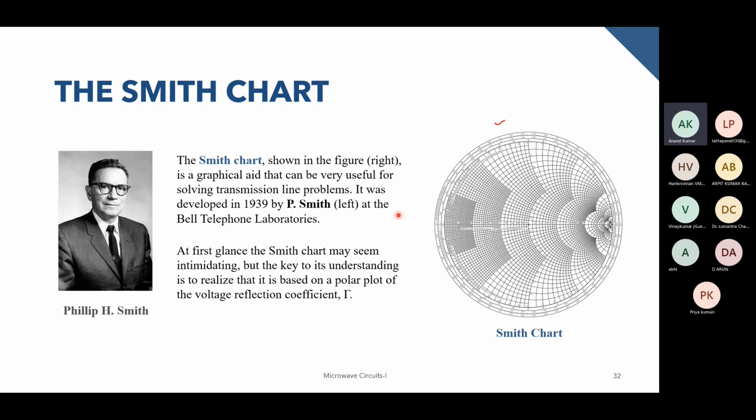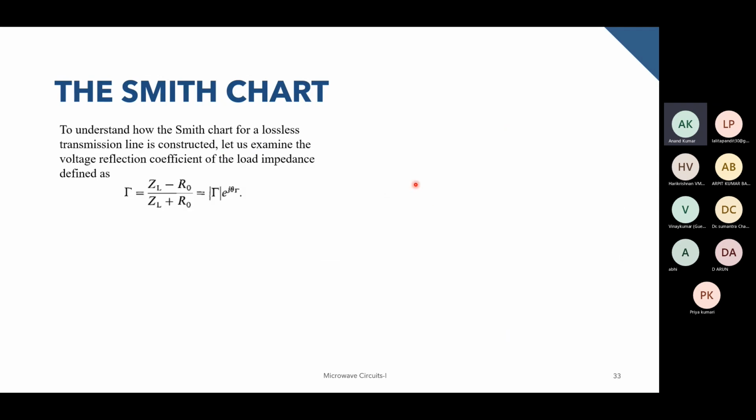So the material you will be seeing now will be from Cheng, and you can refer to the textbook apart from the slides if you need some help. Pozar also has some pages on the Smith chart, but I find the text in Cheng to be easier to understand.